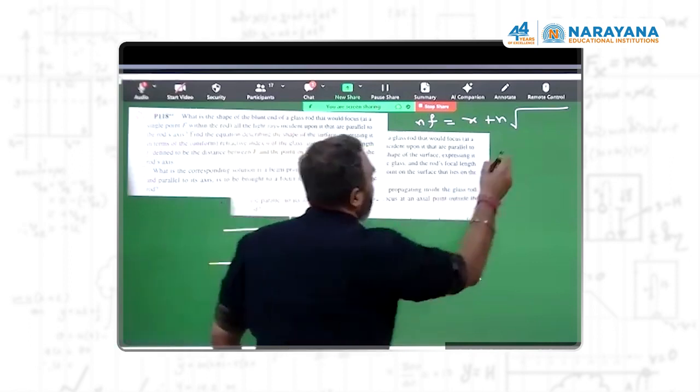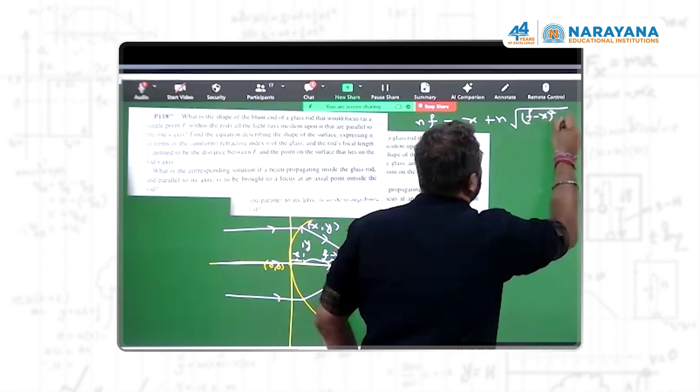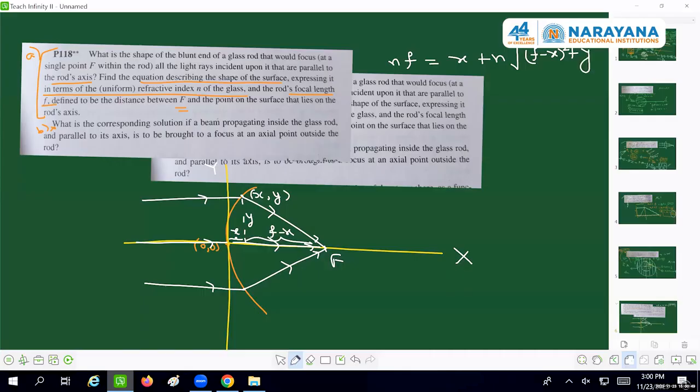Now simply solve it: it is f minus x the whole square plus y square. Actually, this is the equation of x versus y. This equation will give the shape of that blunt end for all the rays to reach that point, which you are calling the focus. If you derive it, I think it becomes an ellipsoid.